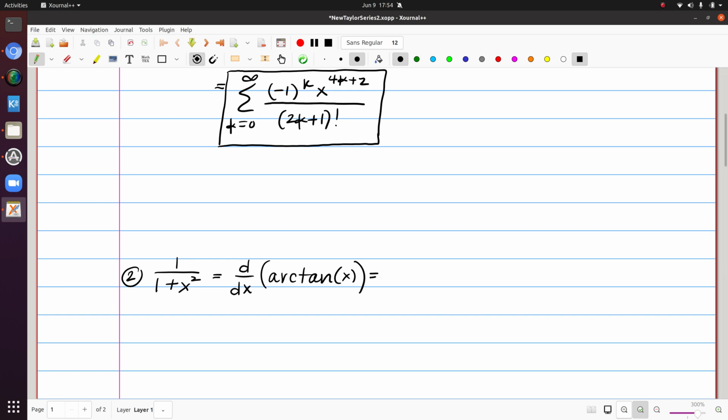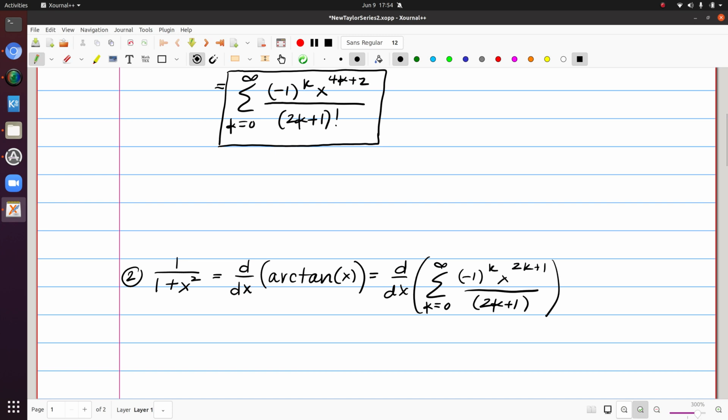I should have added that to my list of known functions in the beginning. So the 6th function we know the Taylor series centered at 0 for is arctangent of x. And if you recall, that Taylor series is the sum from 0 to infinity, negative 1 to the k, x to the 2k plus 1 divided by 2k plus 1. So no factorial here for the arctangent.